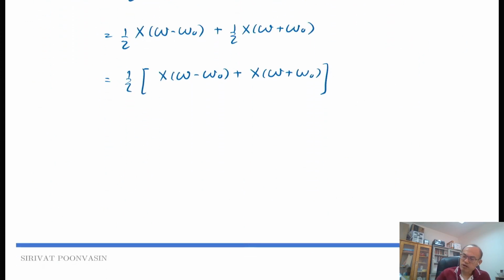In other words, for example, if our signal x has a spectrum that looks like a triangle here, so suppose this is the spectrum of x.